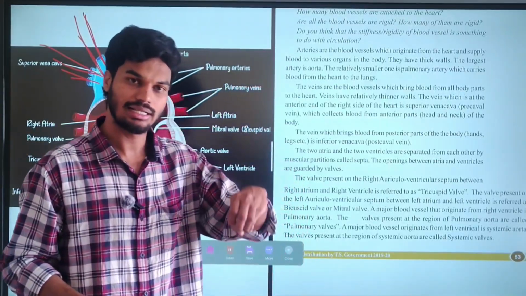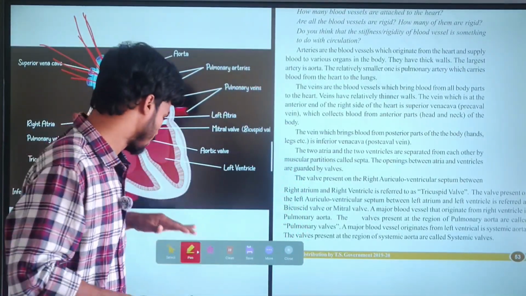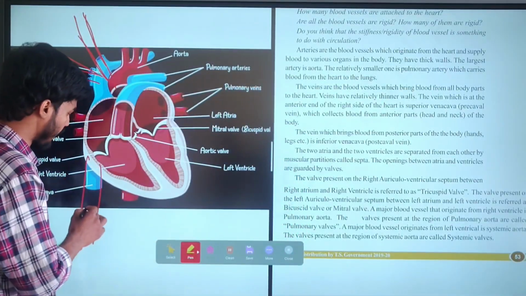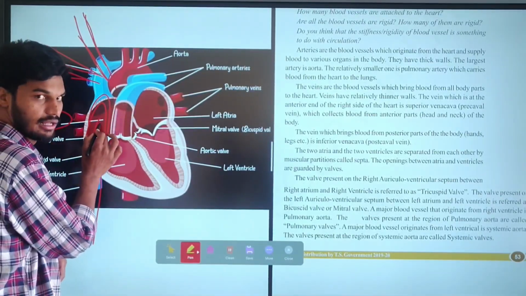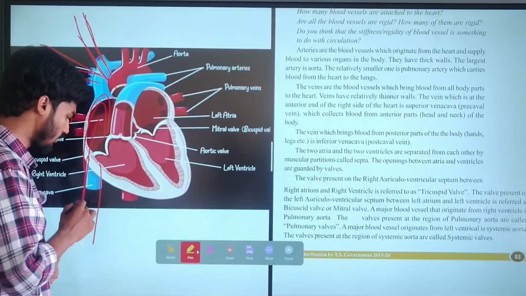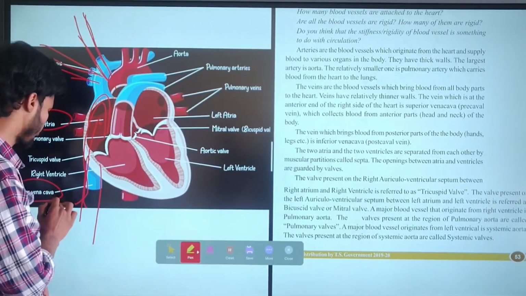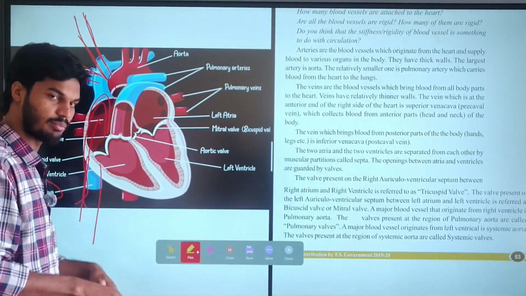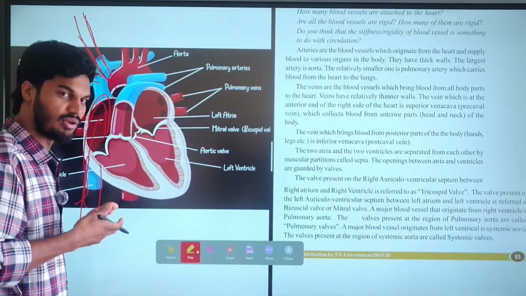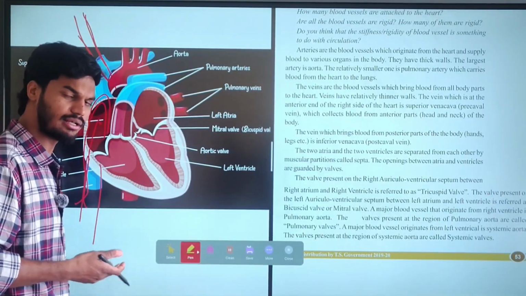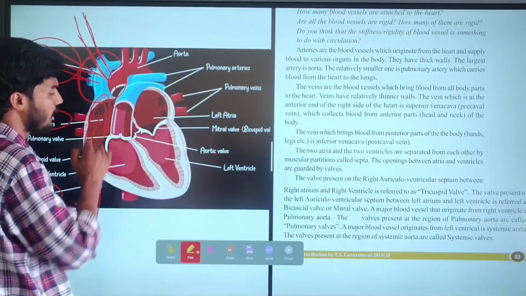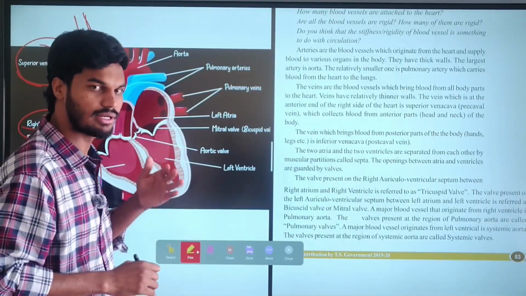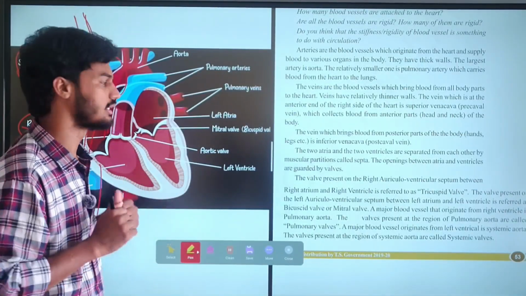Simply, these will collect the deoxygenated blood from the lower body parts and enter into the right atrium. The deoxygenated blood will enter into the right atrium through the inferior vena cava, which comes from the bottom of your body, and the superior vena cava carries the deoxygenated blood from the upper region, that is head, neck and chest region.